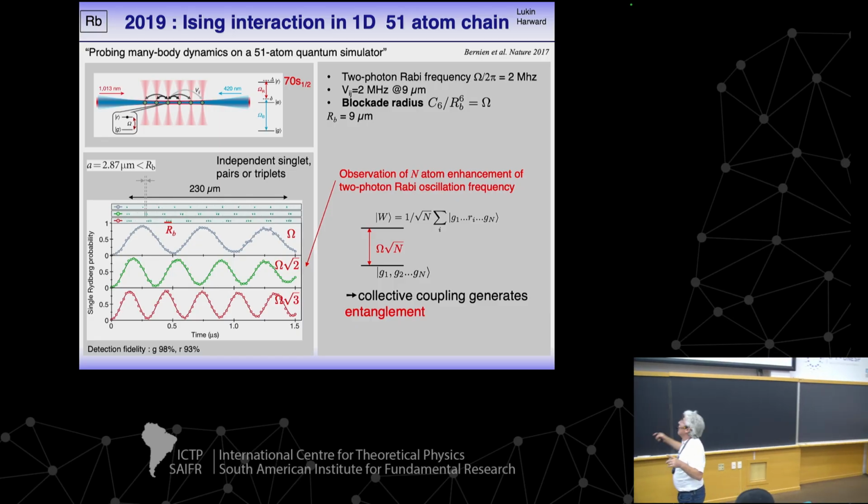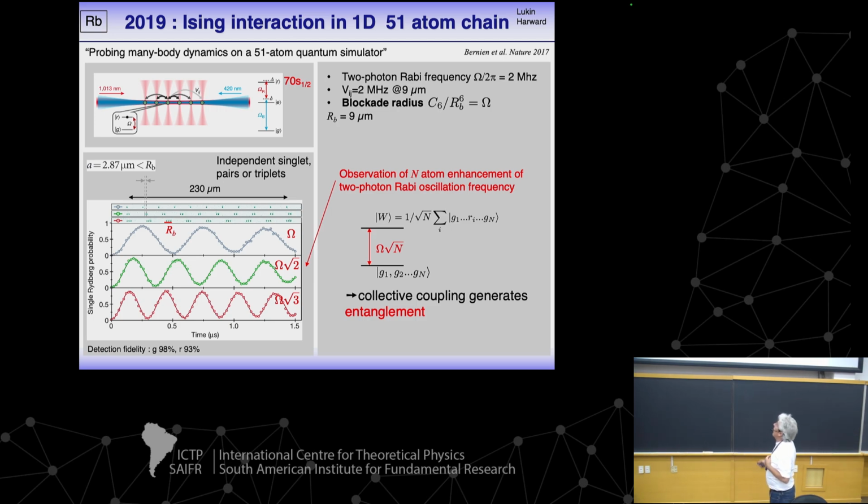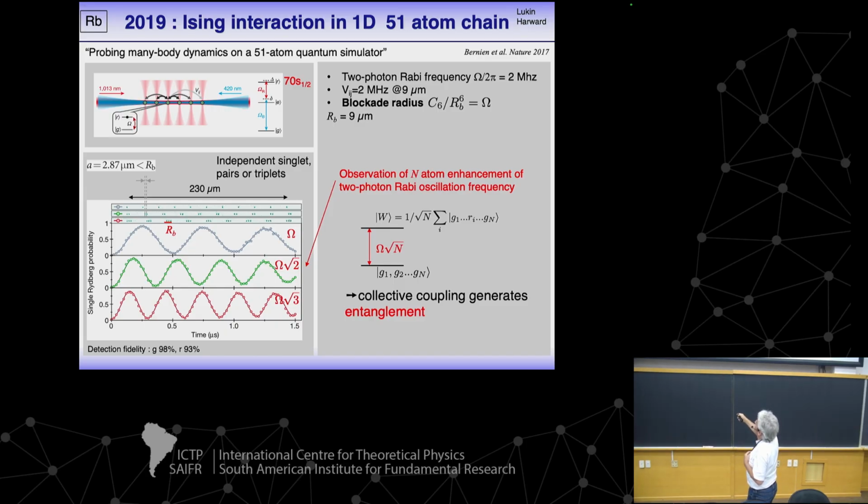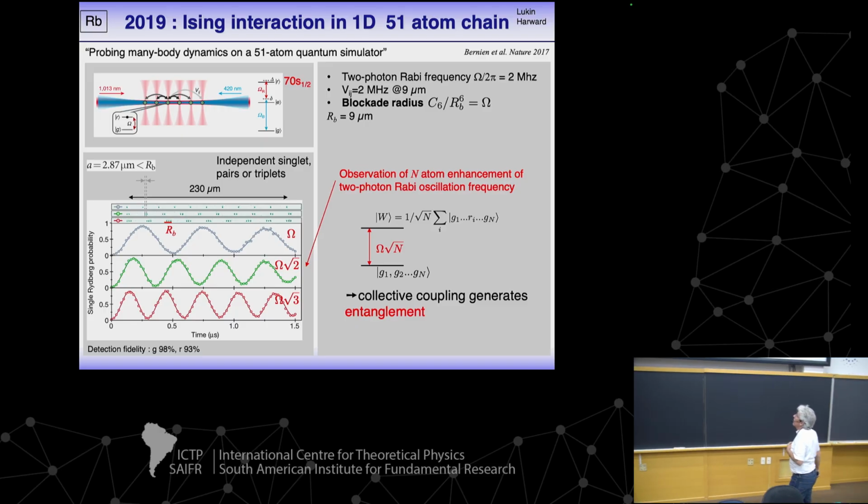They can have up to 51 atoms, and they can prepare the atoms in tweezers very far away from each other, so that interactions are completely negligible, and then they can prepare a pair of atoms where the interaction is strong within a pair but negligible with the next pair, and then go to 3 atoms and eventually even more.